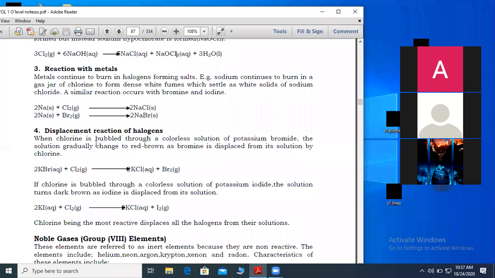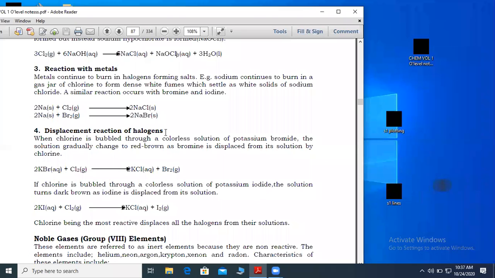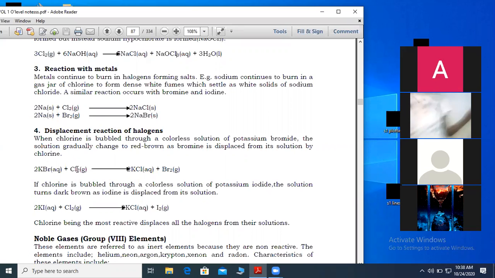Then displacement reaction of halogens. We said as you go down the group, reactivity decreases. So it means chlorine is more reactive than bromine.